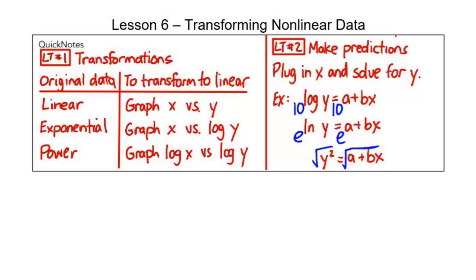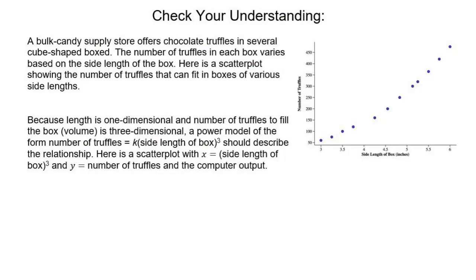Let's check out the check your understanding. It says a bulk candy supply store offers chocolate truffles in several cube-shaped boxes. The number of truffles in each box varies based on the side length of the box. Here's a scatter plot showing the number of truffles that can fit in boxes of various side lengths.